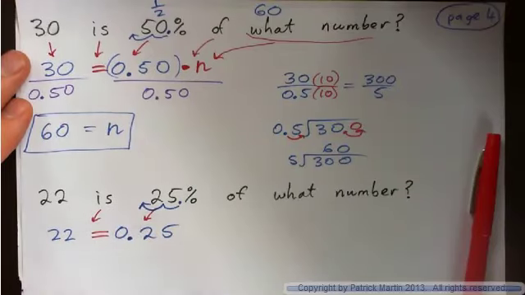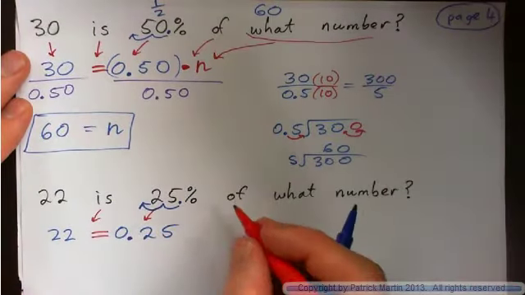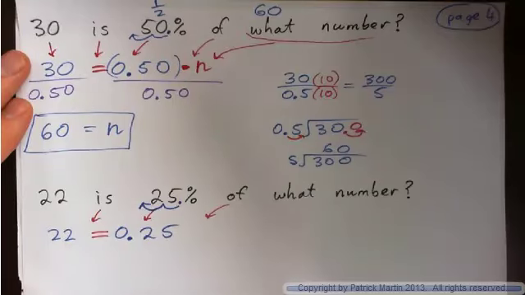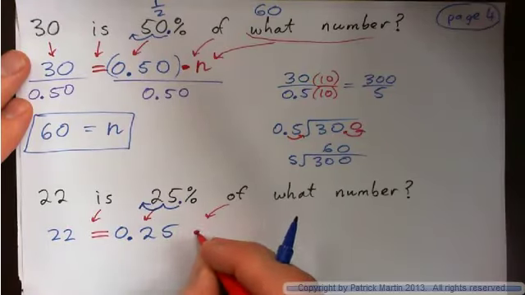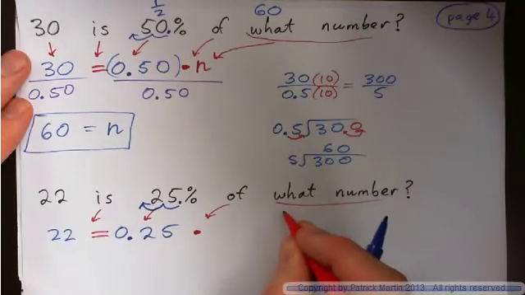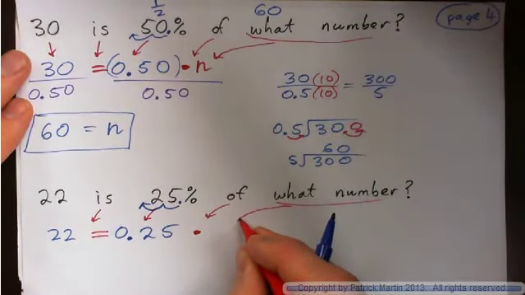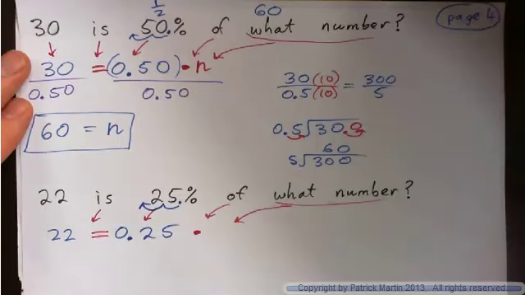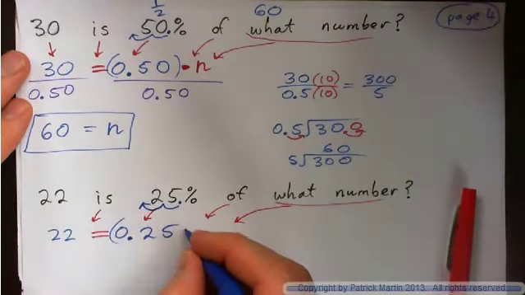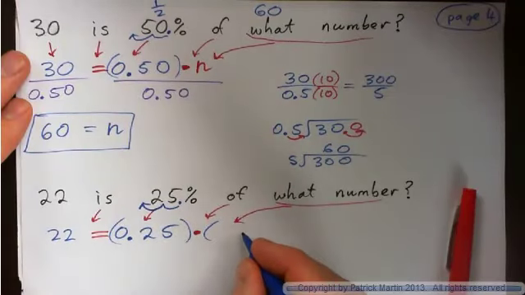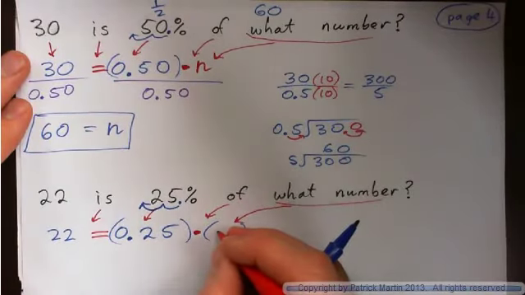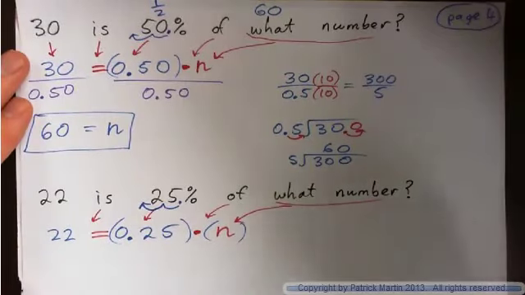And of becomes what? Multiply, right? And what number becomes what? So it's 0.25 multiplied by what number, which just becomes some letter like n. You can plug in a letter.